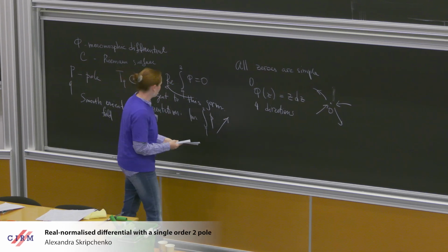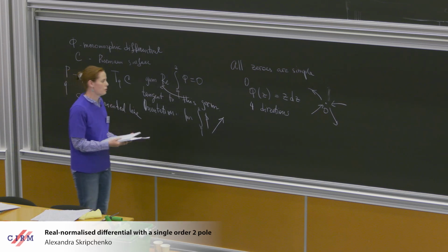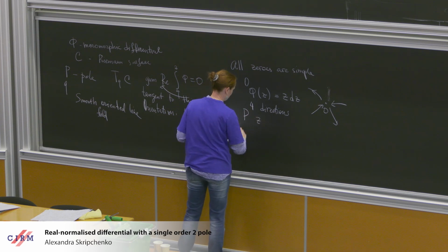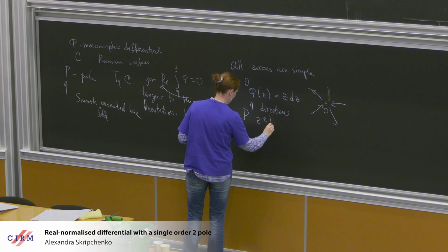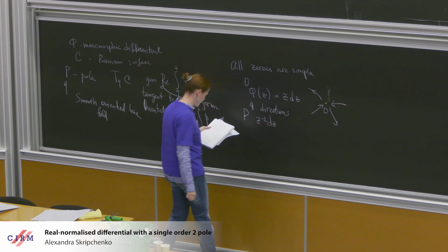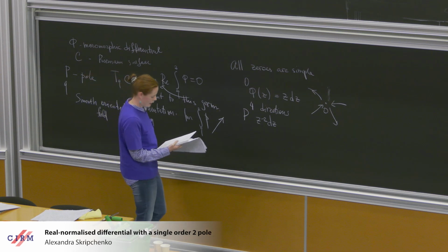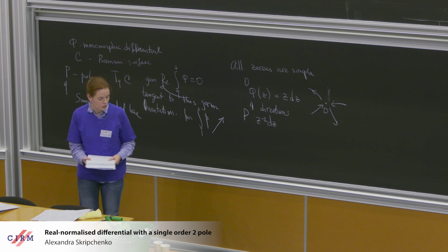And then what's going on inside, around the pole: we also can introduce some coordinates that would look nice near this point. And of course, since it's a pole of order 2, we agreed, then it should be z^-2 dz. And so the integral lines of our vector field in this case will be simply an infinite number of tangent circles.